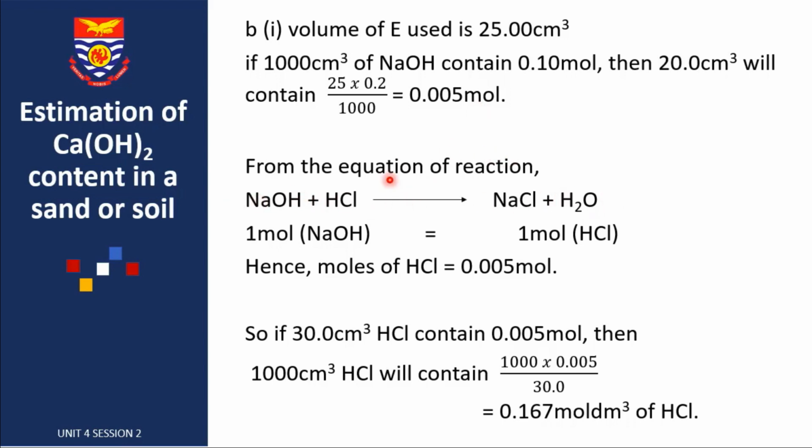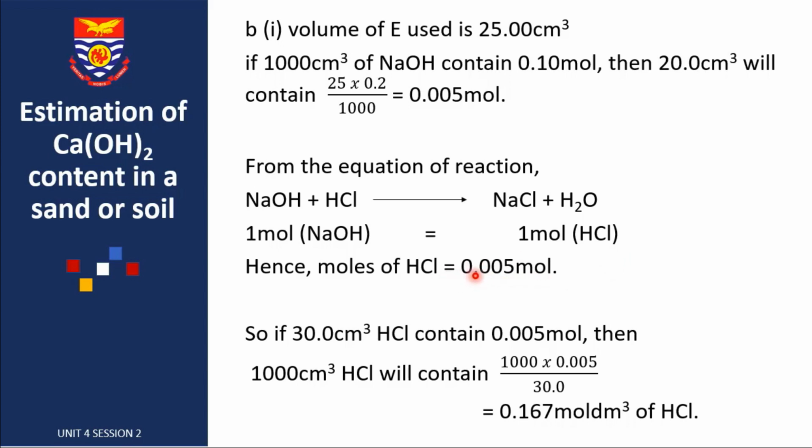And this is our equation. The agreement is that if sodium hydroxide gives 1 OH, HCl will also give 1 H. In other words, the mole ratio is 1:1. So if we have 0.005 moles of the sodium hydroxide, then it will react with 0.005 moles of the hydrochloric acid.